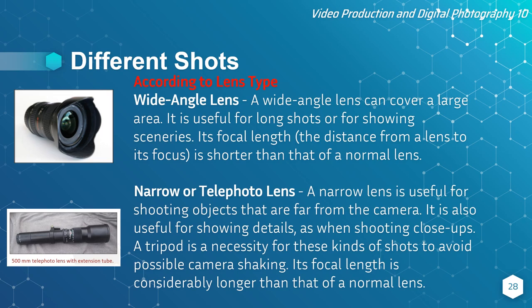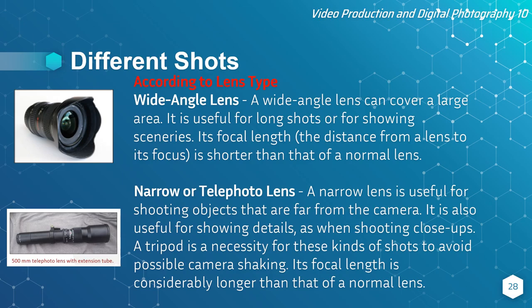Punta naman tayo sa narrow or telephoto lens. Para saan siya? So, pag sinabi natin narrow, maliit. So, a narrow lens is useful for shooting objects that are far from the camera. It is also useful for showing details as when shooting close-ups. Okay, a tripod is a necessity for these kinds of shots to avoid possible camera shaking. Its focal length is considerably longer than that of a normal lens.